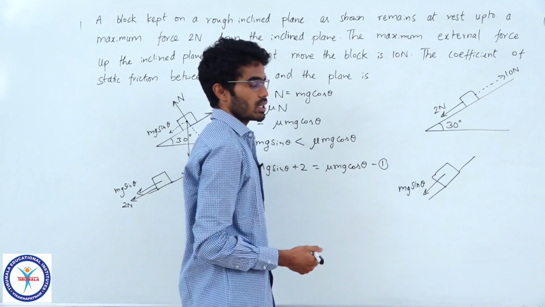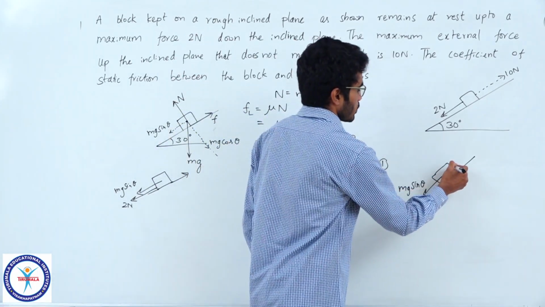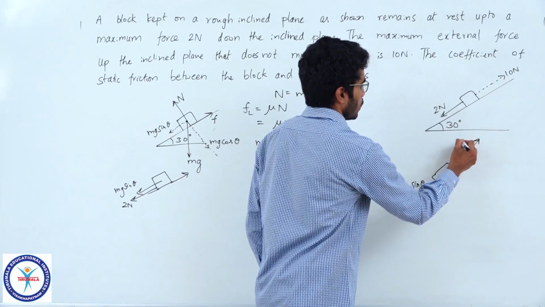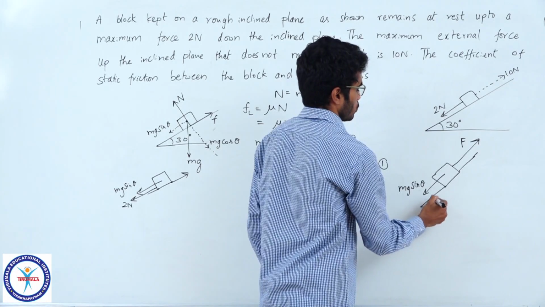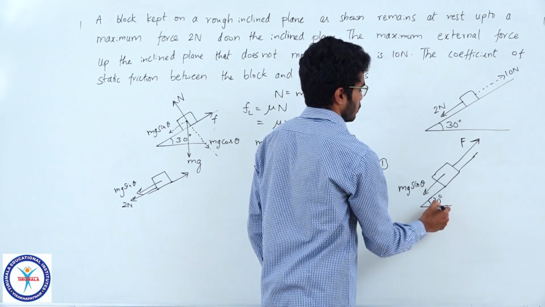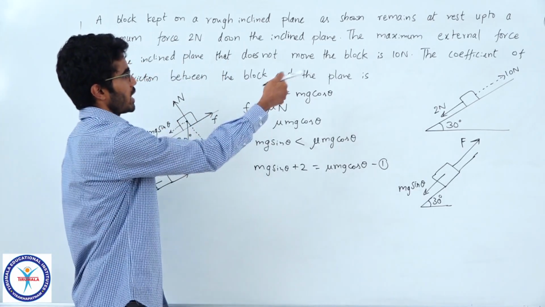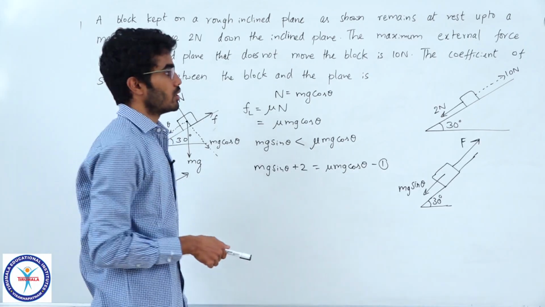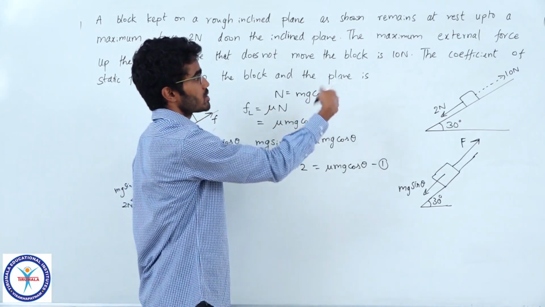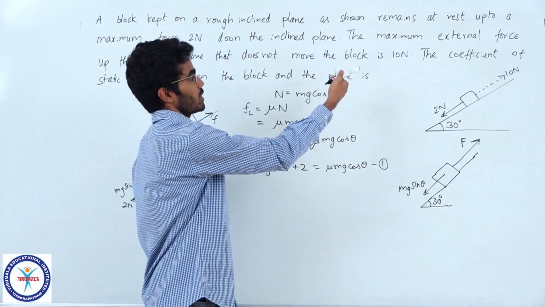The limiting friction is larger than this, but now he is pulling the block upwards. Let us read it again. Maximum external force up the plane that does not move the block is 10. So, that means if it exceeds 10 newtons, the block is actually moving upwards. This is the maximum external force.